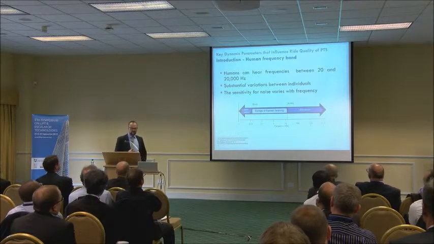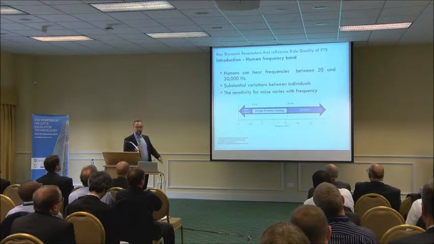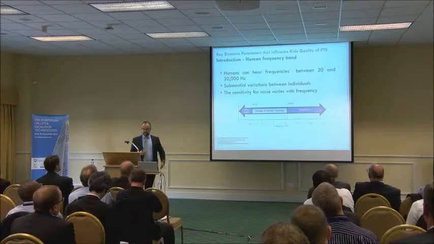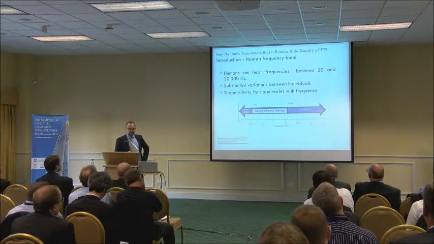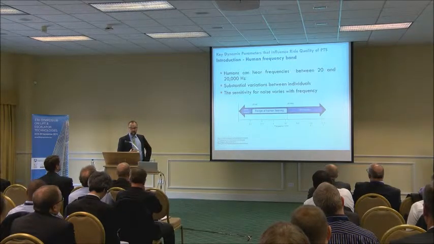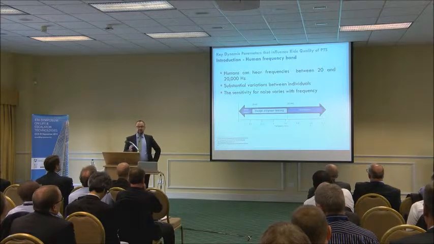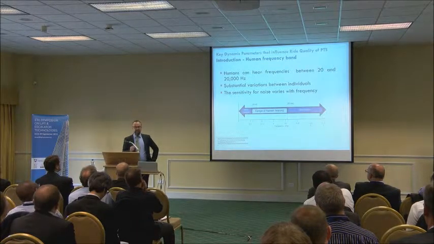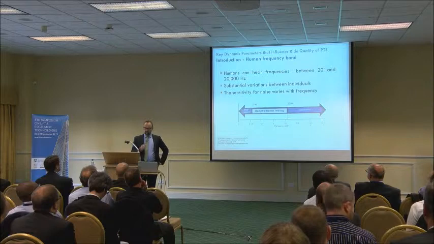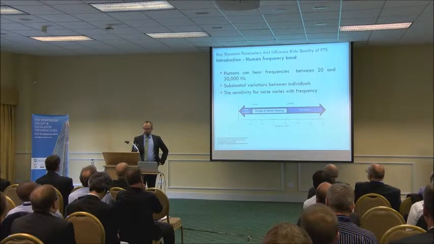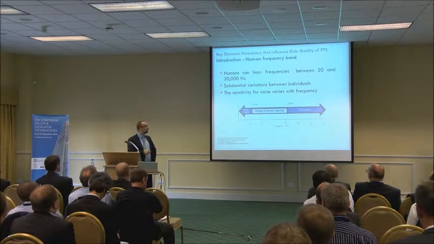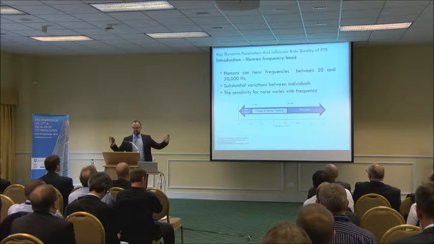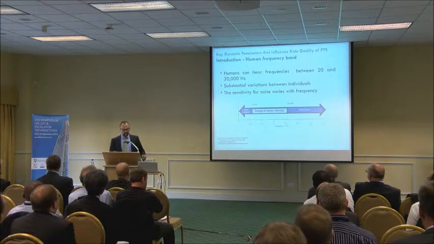The sensitivity for noise also varies with frequency, and the noticeable range of vibration for a human being is even below the minimum of hearable noise. So when we talk about vibrations, this is below the band of human frequency.